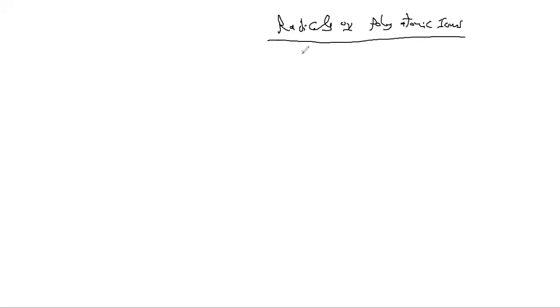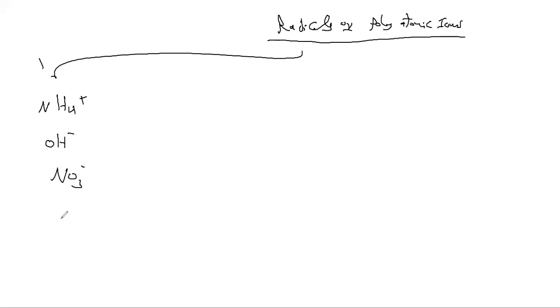We said before, for radicals or polyatomic ions, for valency one, we have NH4 positive, OH negative, NO3 negative, NO2 negative: ammonium, hydroxide, nitrate, nitrite.